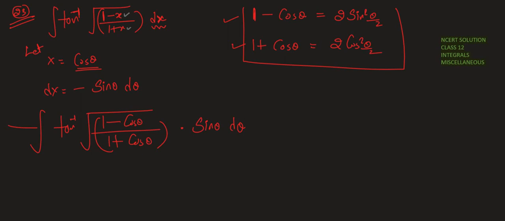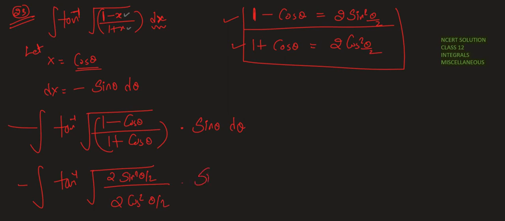Fine. Now what? Let me use this formula. Integration of 1 minus cos theta is 2 sin square theta by 2, and this is 2 cos square theta by 2, and this I will simply copy. Okay.